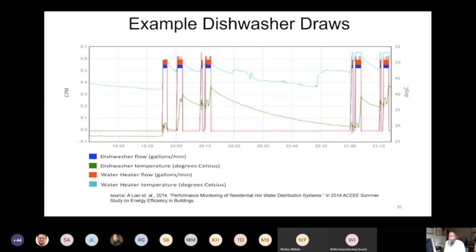So the key to notice is the first time, this is all one load, one cycle. The first time the dishwasher calls for water, it's not hot at all, looking at the green temperature line. The second one, it's reasonably warm, it's getting there.